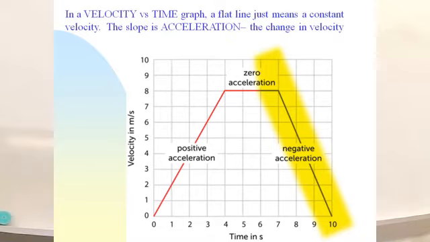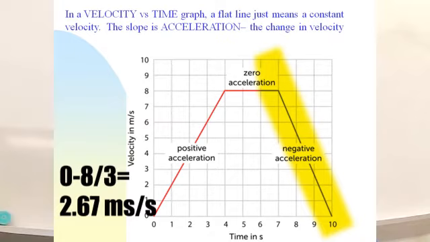0. So the change in velocity, remember, acceleration is change in velocity. It's the final velocity minus the initial, divided by the amount of time. Now, the amount of time is from 7 seconds to 10 seconds. The final velocity was 0 and the initial velocity was 8.